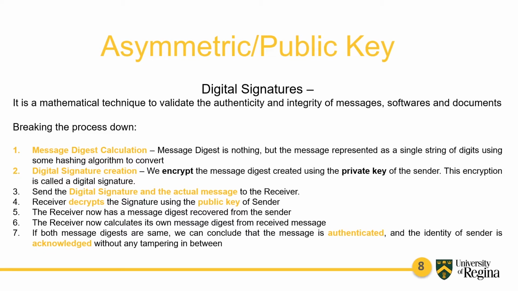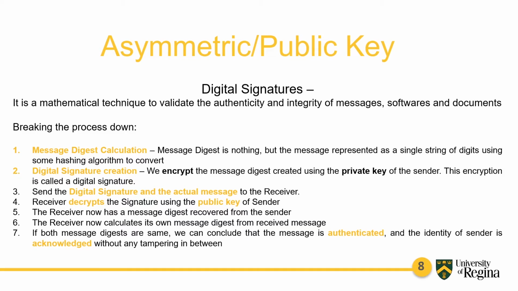Now, the receiver can decrypt the signature using the public key and extract the digest from the sender. The receiver, on the other hand, also creates its own digest using the message it received along with the signature. Now the receiver compares both the digests.